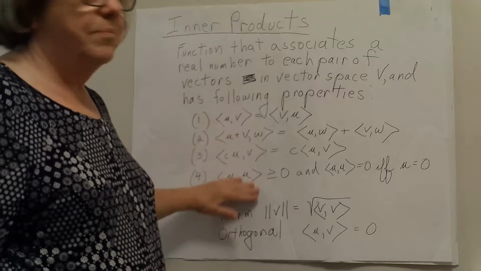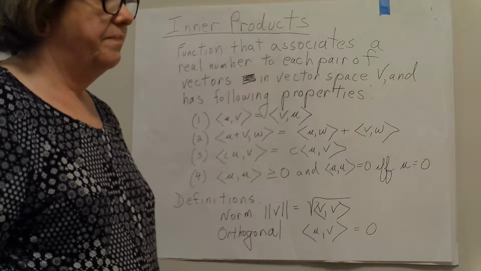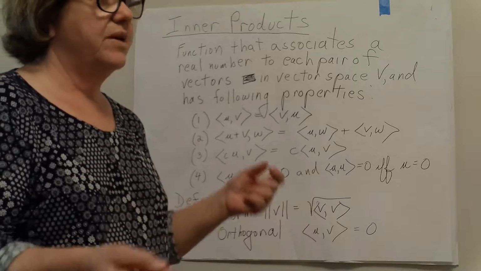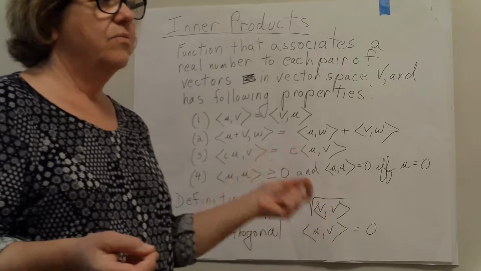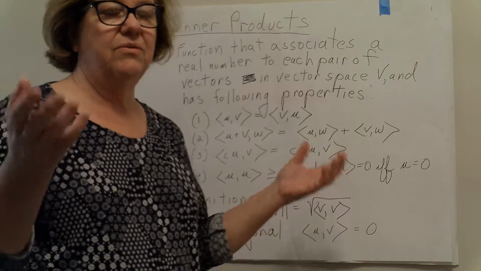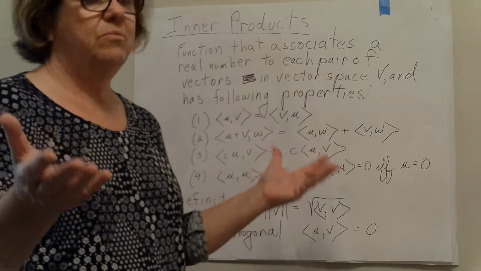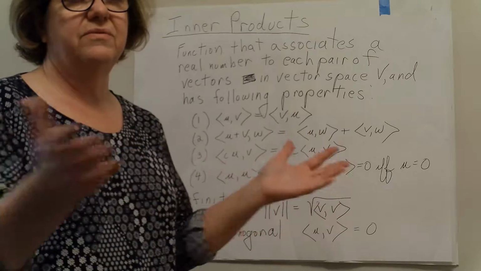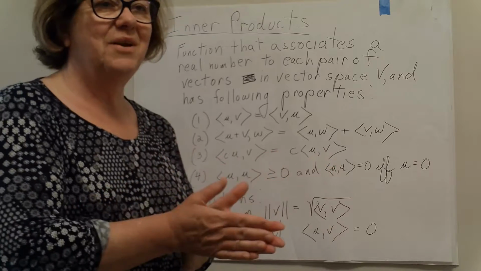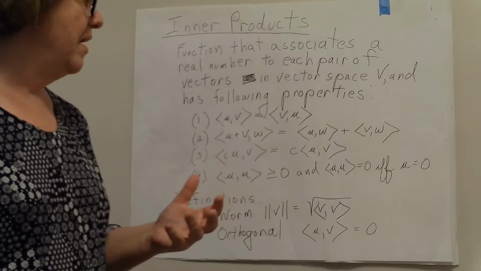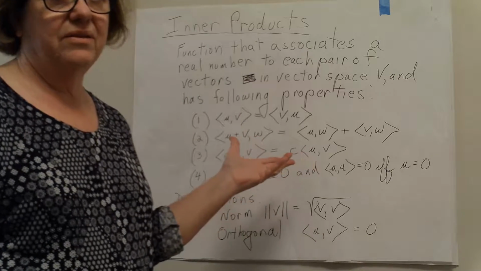So if you think back to dot products, say in R2, so if you have two vectors, u1, u2, v1, v2, so those are the components of the two vectors u and v. You multiply u1 times v1 plus u2 times v2, and you add them. That's our dot product. That's an inner product on R2.